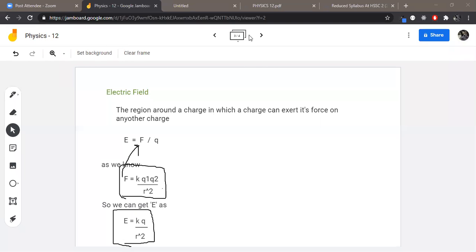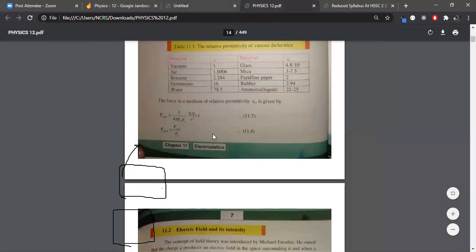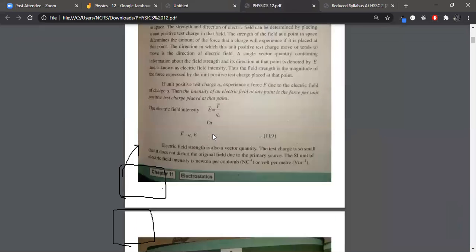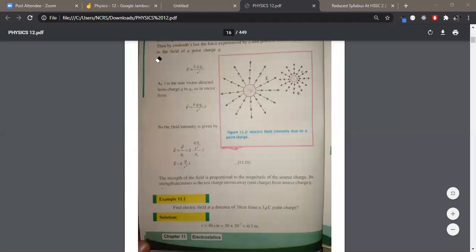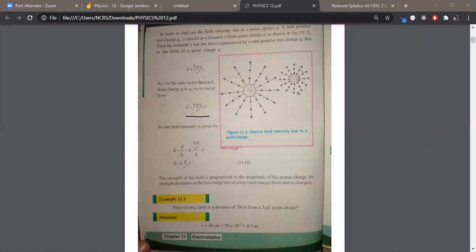And if you look into the book, they have also written the same thing. Let me see, where is that? Yeah, in the book it is the same thing, that force is this thing, and when we replace it into our electric field equation, then we'll come up to this thing, and we can cancel out the q's here, and we'll be left with E equals kq over r square.